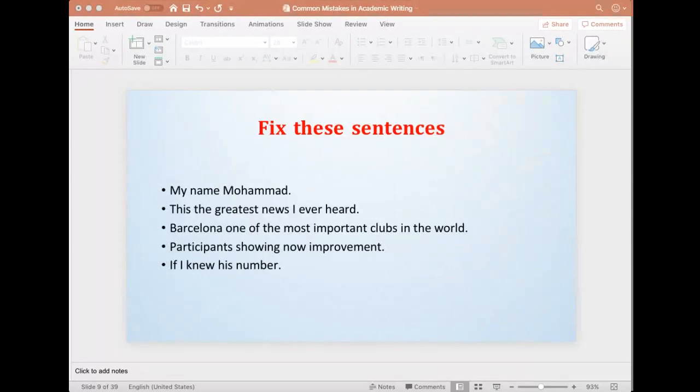Okay, number 2, "this is the greatest news I've ever heard." Yes, exactly. What about number 3? We have "Barcelona, one of the most important clubs in the world."